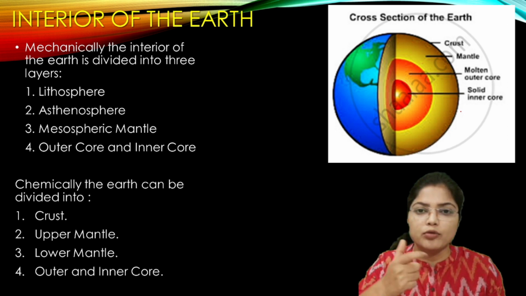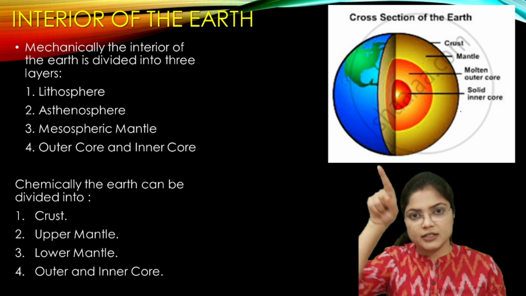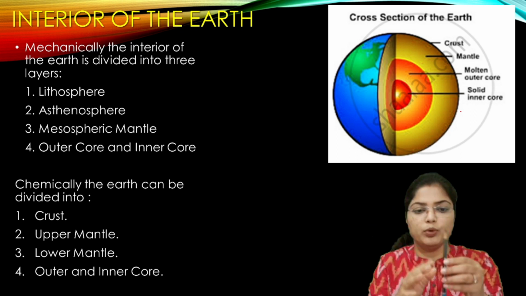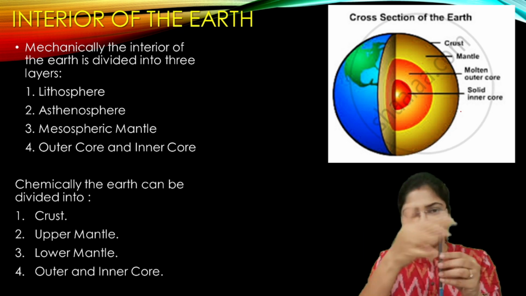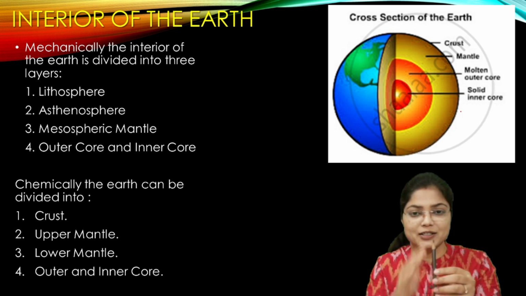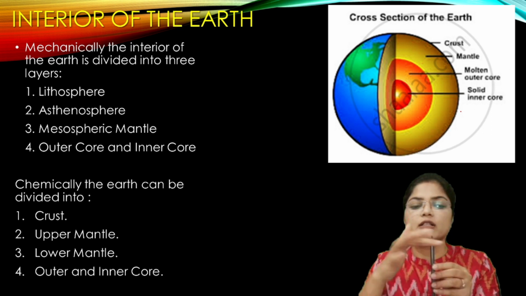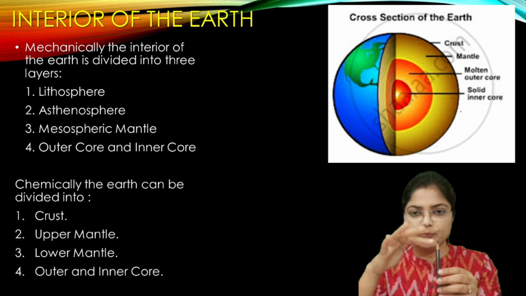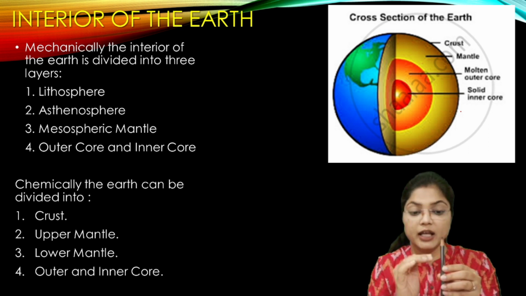It's V shape, though my pencil is straight only, it's not V shape, but just imagine. So this is the crust, upper layer, then below crust it's mantle, then below mantle it's core.